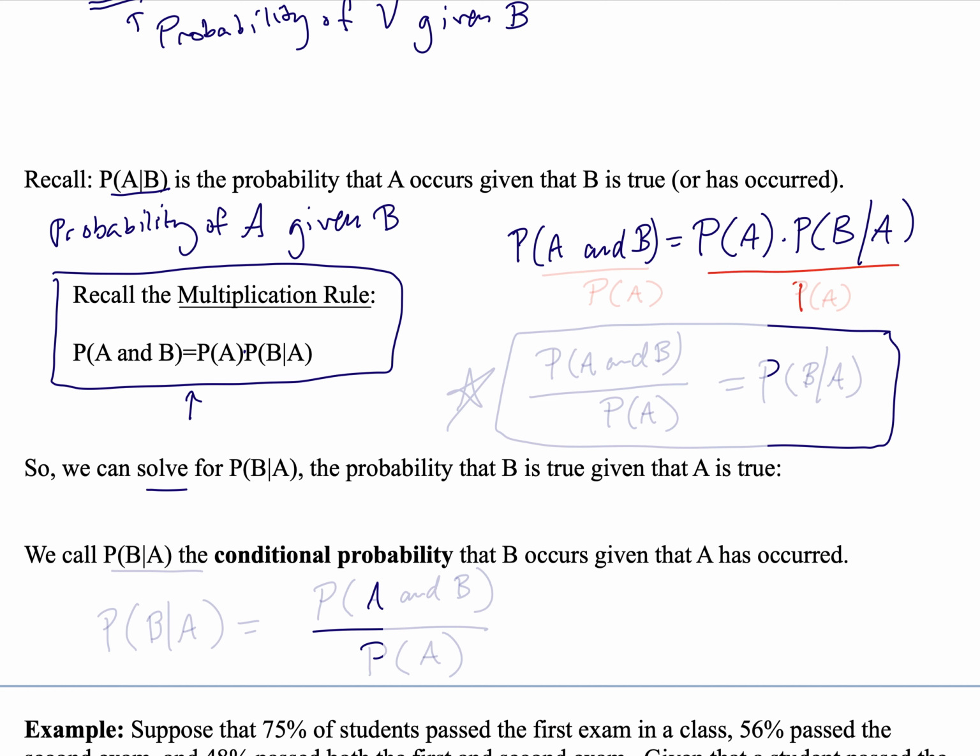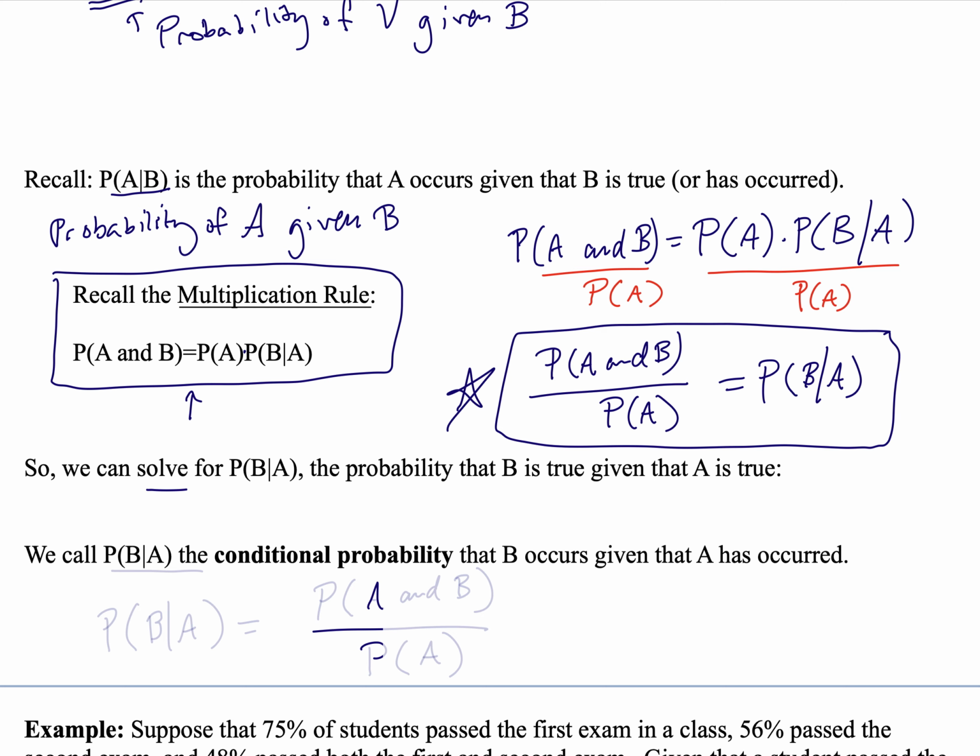To solve for probability of B given A, we can divide both sides by probability of A. And so that gives us that the probability of B given A is by itself now over here, and that's equal to probability that both A and B are true divided by the probability of A. So that's a formula for the conditional probability, and let's write it.